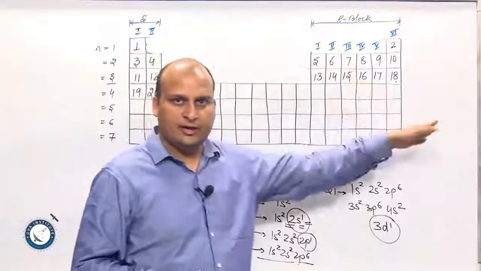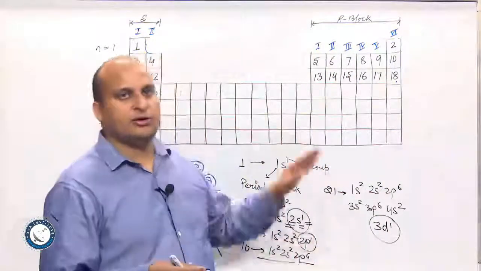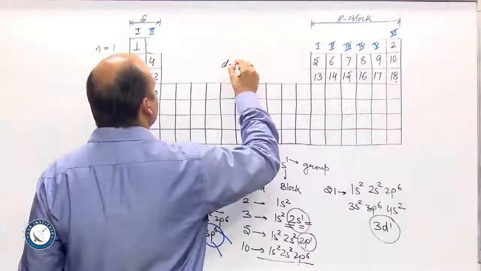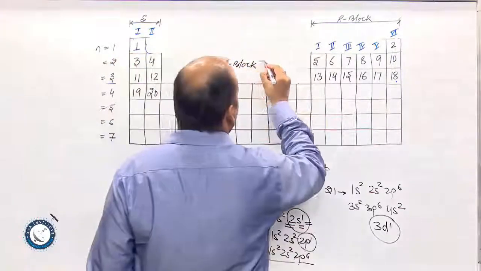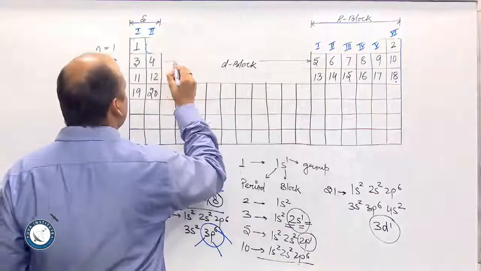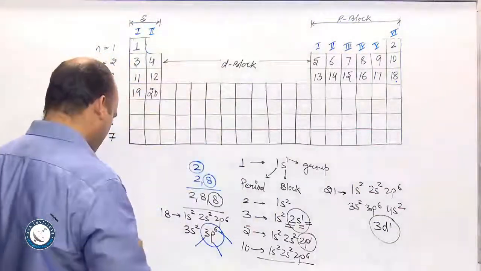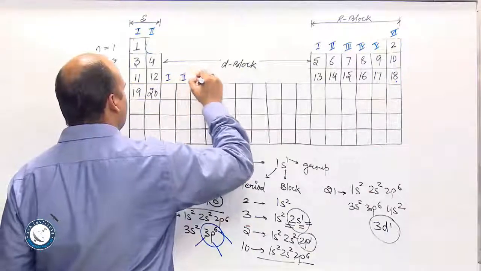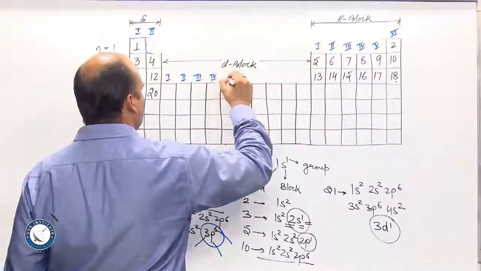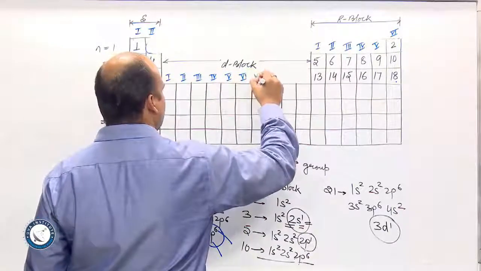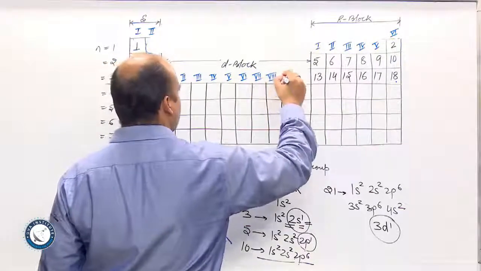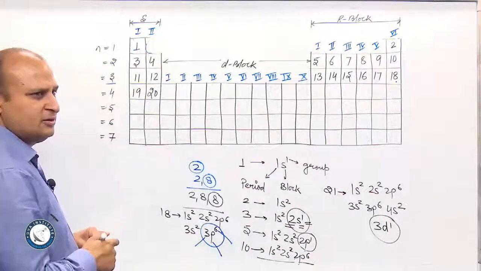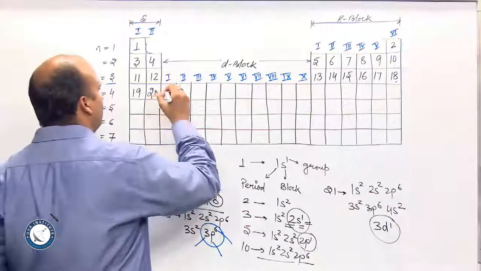Left S block, right P block, so I have to put the D block at the center. So 21 will start from here.